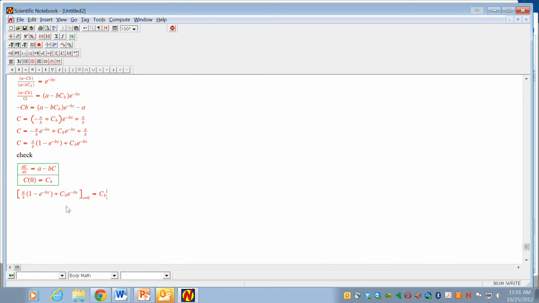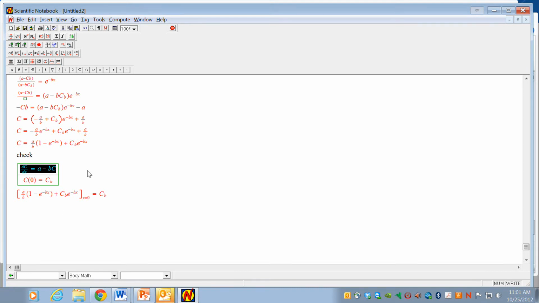It's easy to see. When x equals 0, that equals 1, and that cancels. That's all just equal to 0. And this equals 1, and we get C sub B. So that checks.